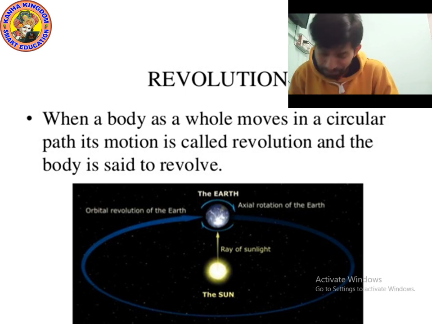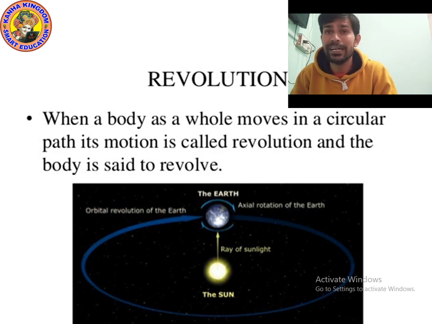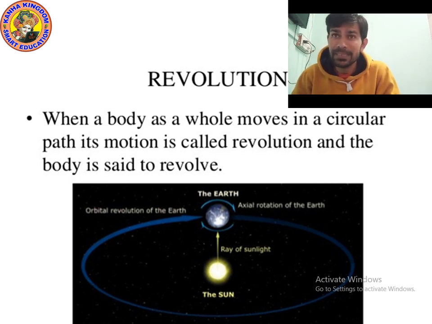You know, our earth revolves around the sun in a fixed path. So when a body moves in a fixed path, then the motion will be called a revolution.